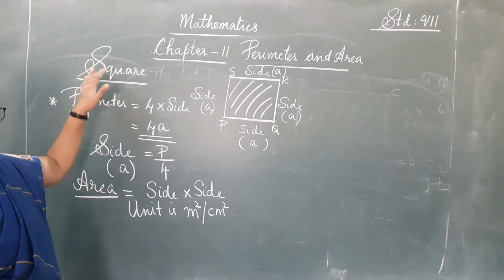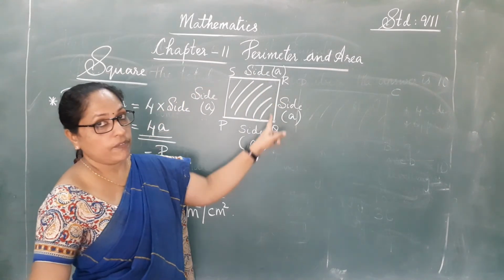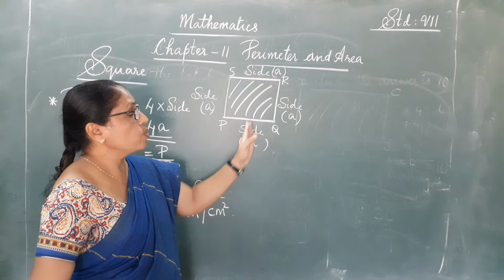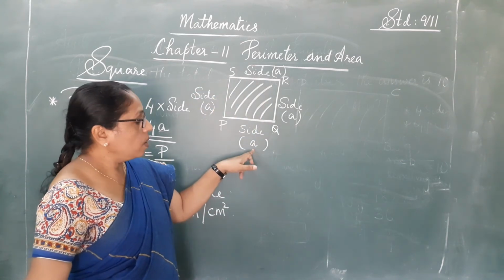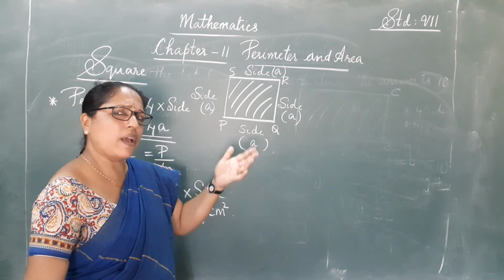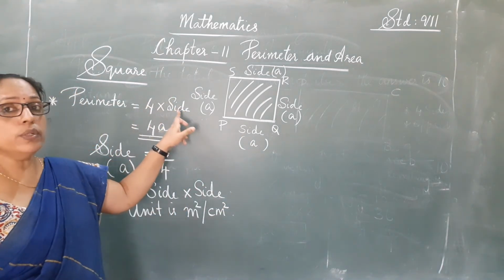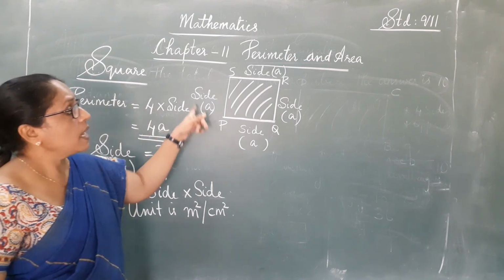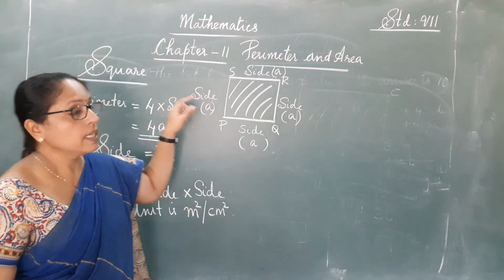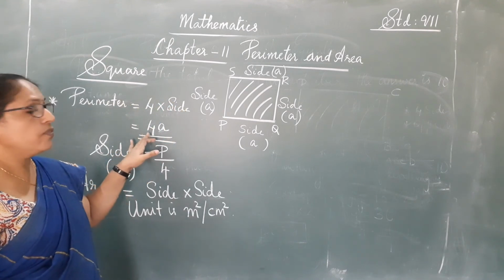Okay, once again, let's learn the formula. A square is a plane figure having all 4 sides equal, and you can give the side a letter A. Any letter, X, Y, A, whatever you want. Even if you don't give one, no problem. Perimeter is adding all 4 sides, which can be put in short form as 4 into side, or 4A.